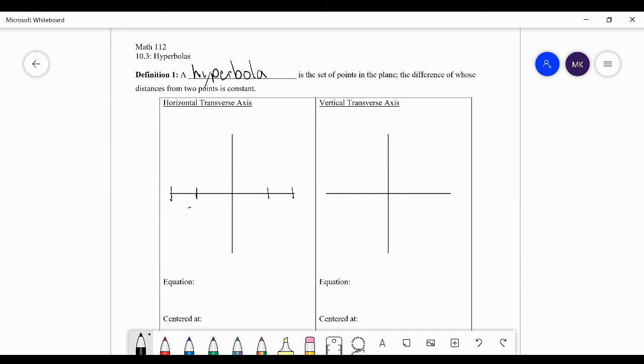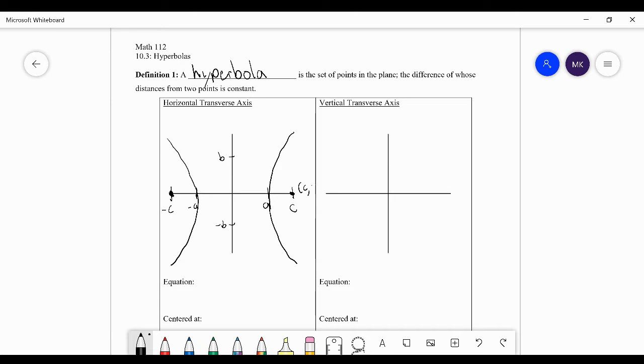So this is the point negative A, negative C, A, C. Let's get negative B and B. And so what we have here is hyperbolas kind of going like this, and kind of like this.